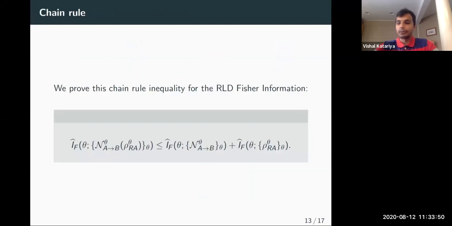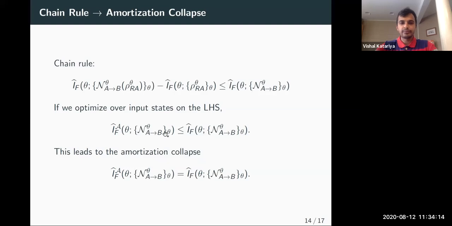How do we prove the amortization collapse? We prove it by proving something called a chain rule. The chain rule is an inequality that looks like the one in the box. It's somewhat involved to prove in a technical way, so I'm just stating it. It actually resembles amortization itself.